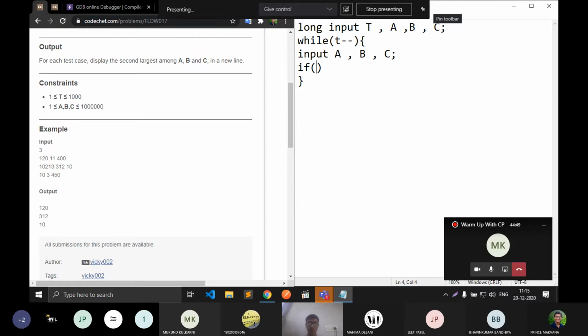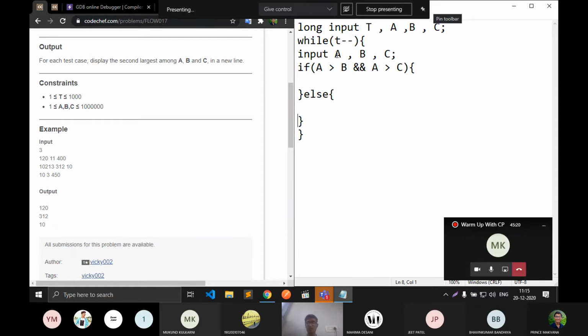After getting input we continue with the if condition. What is the if condition? First I target a, next b, the other is c. I check whether a is the first largest or not. It means a is more than b and also a is more than c. Okay, done, if condition. Next is else if.